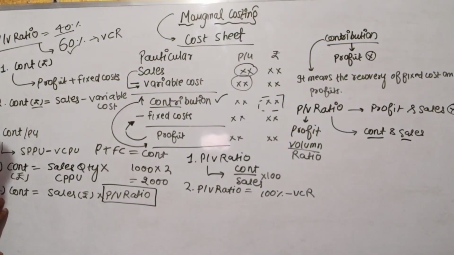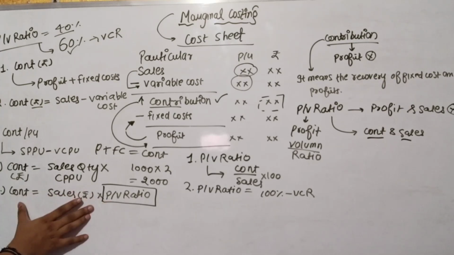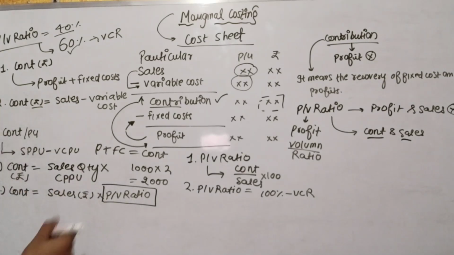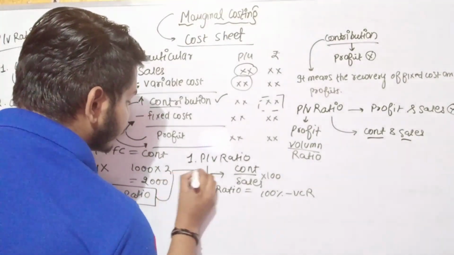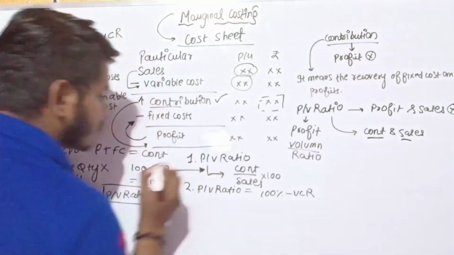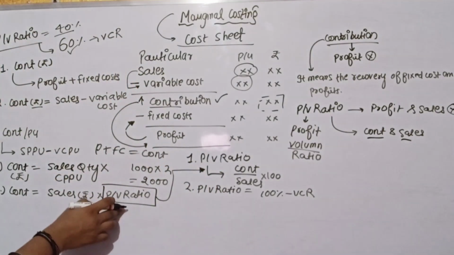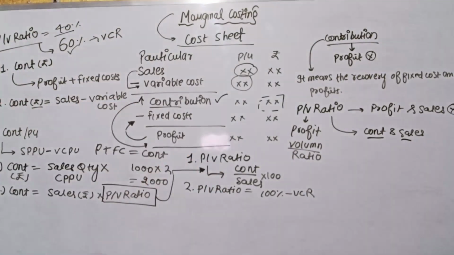We were talking about this formula. By applying the unitary method on it, we can find out PV ratio. PV ratio goes to the other side, contribution comes up and sales goes down.